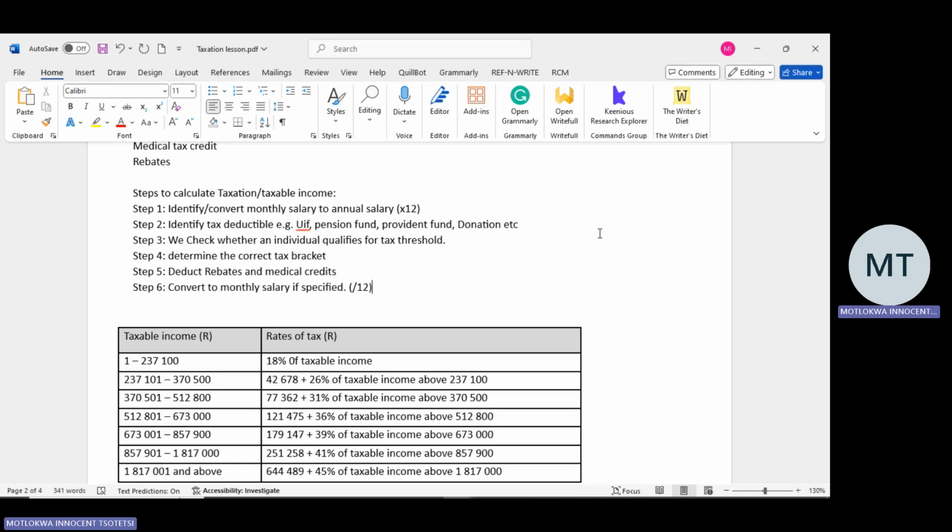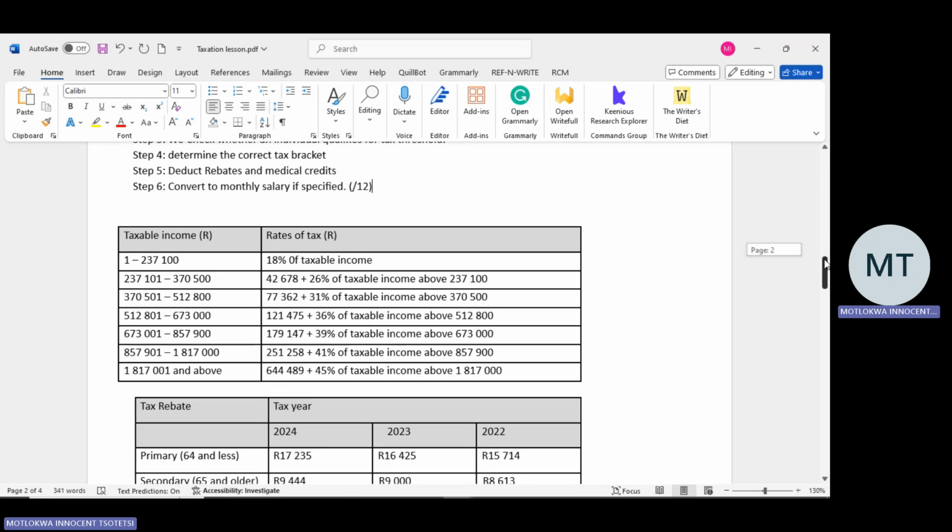So if they are saying monthly, we are going to convert our final answer by dividing it by 12 to make it monthly. Okay. So what I can advise you guys is to know these steps, because if you don't know them, you are going to make mistakes.